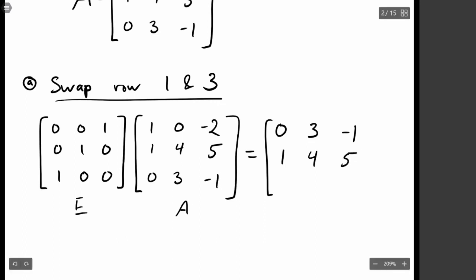And lastly, the bottom row: 1 times 1 plus 0 times 1 plus 0 times 0, 1 times 0 plus 0 times 4 plus 0 times 3, and 1 times minus 2 plus 0 times 5 plus 0 times negative 1. There you go. So this has swapped row 1 and row 3 in our matrix A.